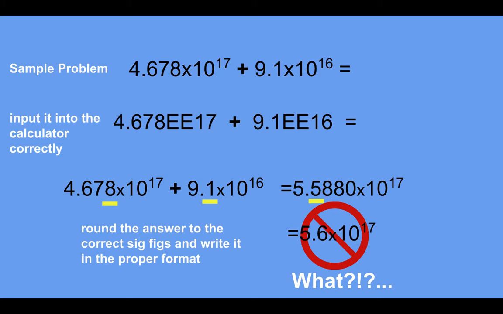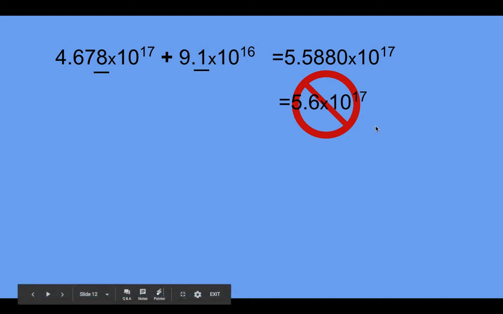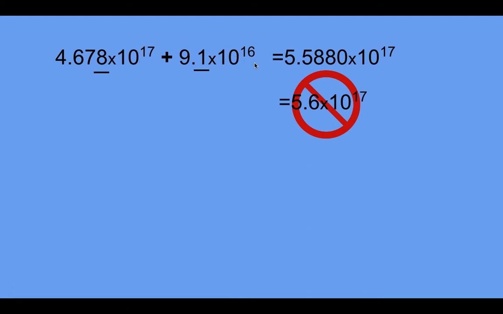What? I did everything right. So what's the problem? The problem is you're talking about place values. And because they have different exponents, the decimal points would not actually line up like you would normally line them up.